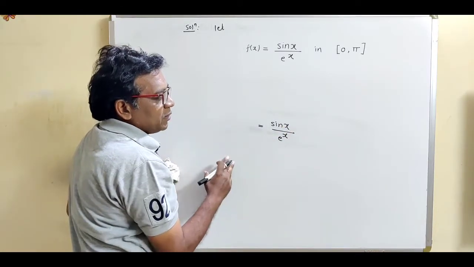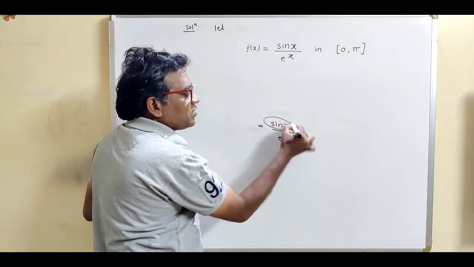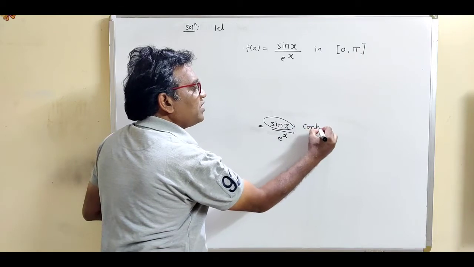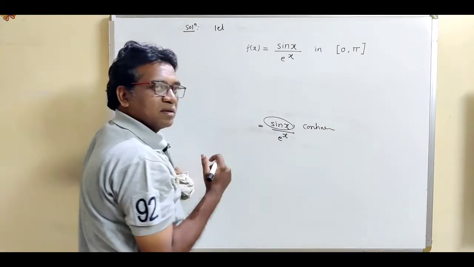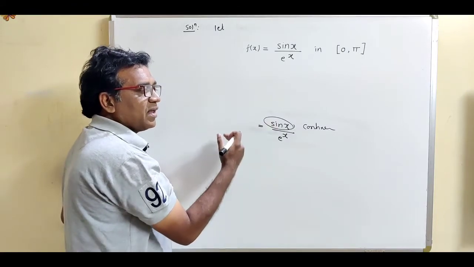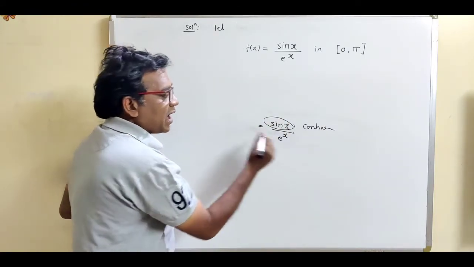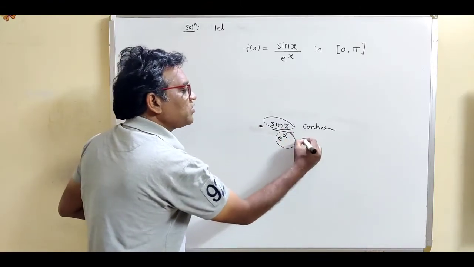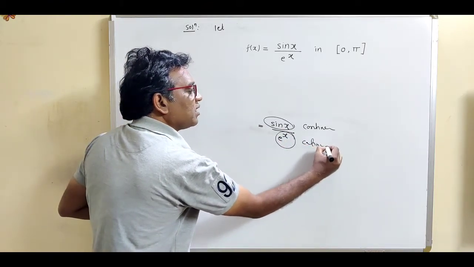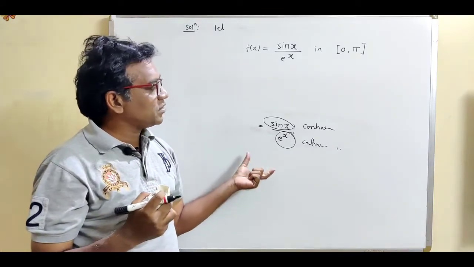Now obviously this trigonometric function sin x is always continuous in the real line. We know this concept: the trigonometric functions sin x as well as cos x are continuous in the real line, as well as this exponential function, which is always continuous in the real line. So first of all, remember this concept.